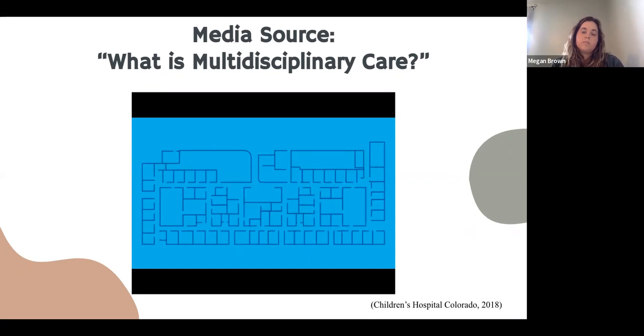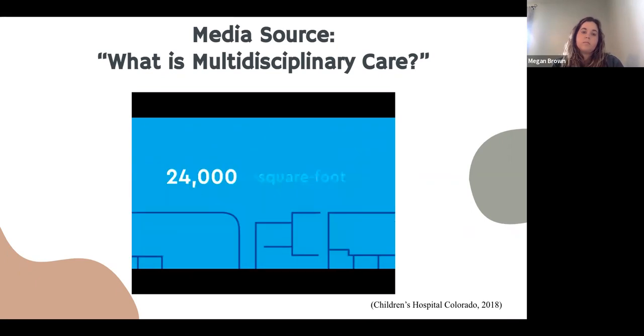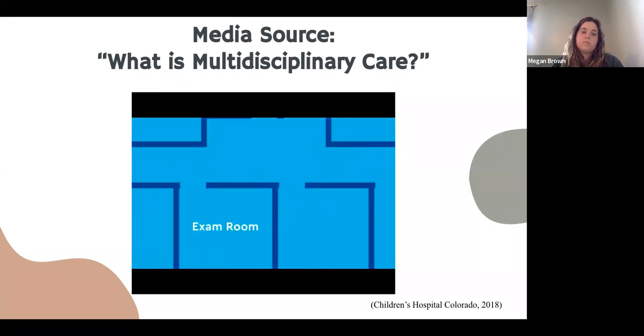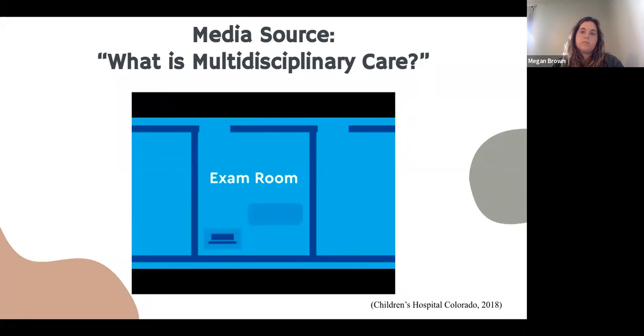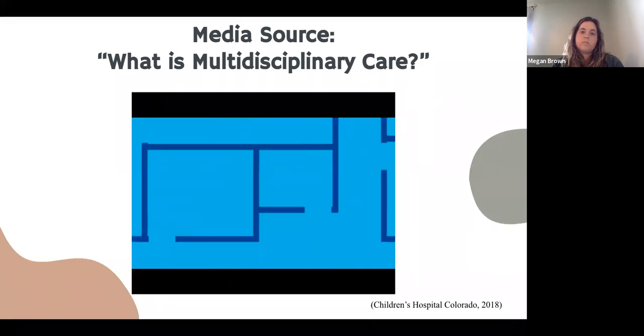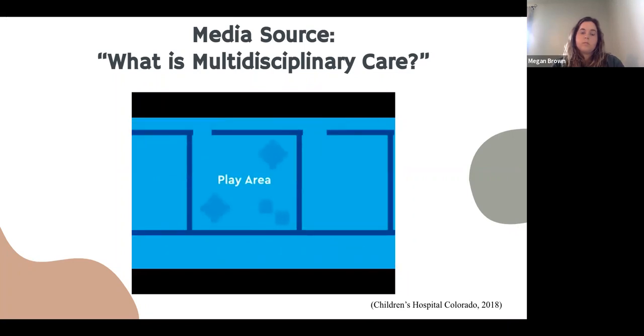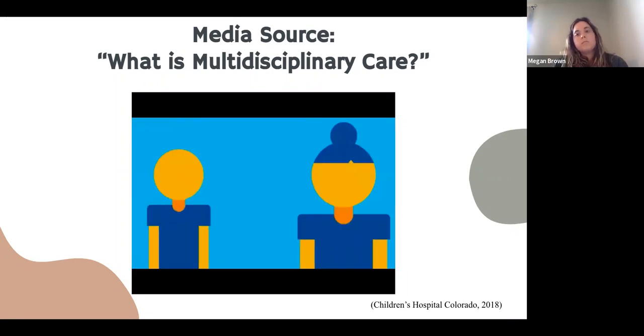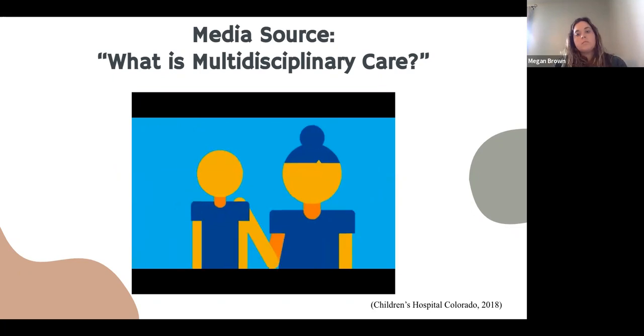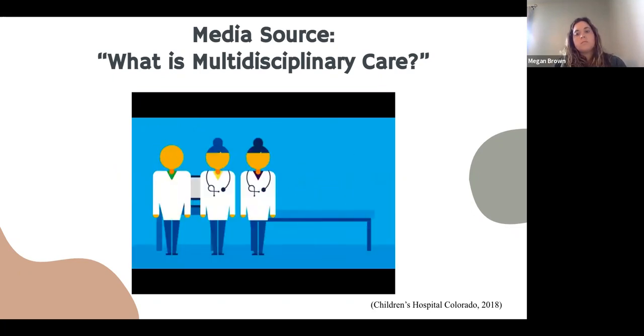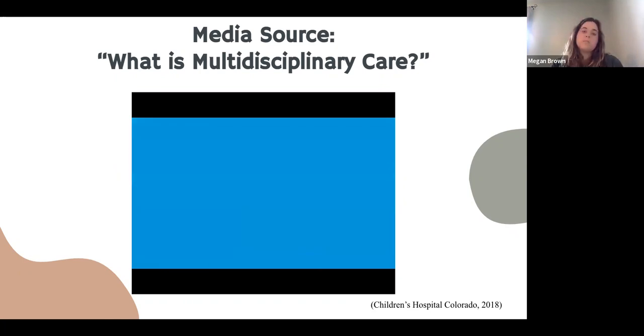For example, our 24,000 square foot multidisciplinary space has supersized exam rooms that accommodate multiple specialists, conference rooms where they can discuss cases, and playrooms for keeping antsy kids occupied. This space allows us to spend more time with each family and more time with each other, so we can collaborate on the best way to treat kids like Micah.